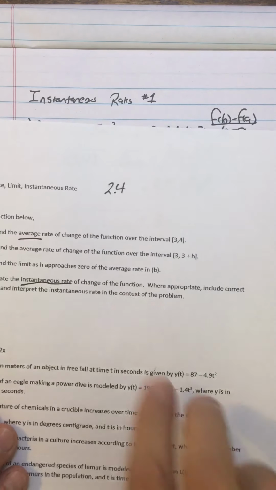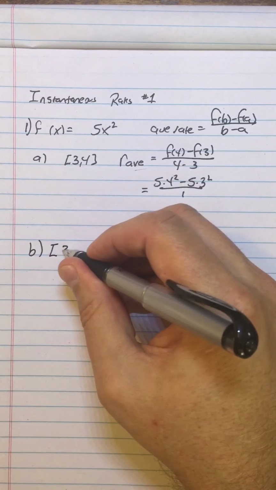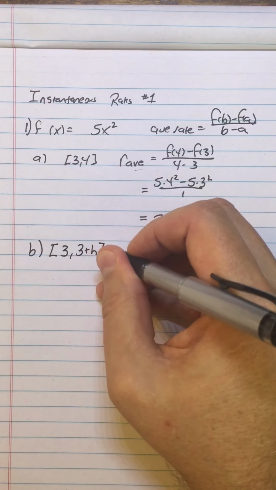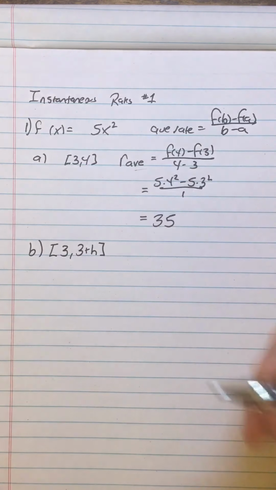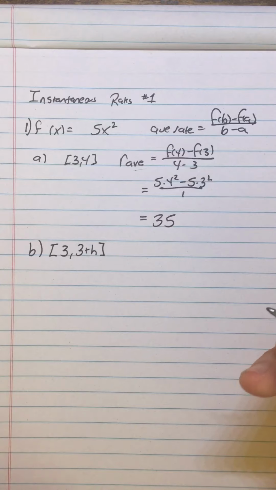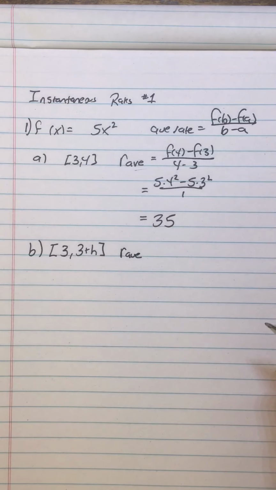Part B says find the average rate of change over the interval 3 plus h. So especially people whose work is not terribly organized, look at how I'm organizing this. I personally am not an intrinsically organized person. I force myself to be organized so that other people can understand me.